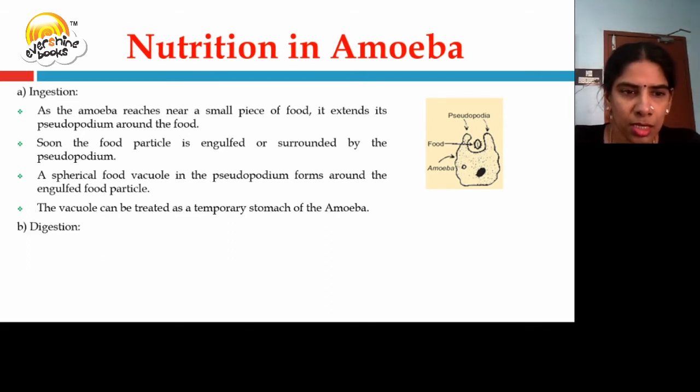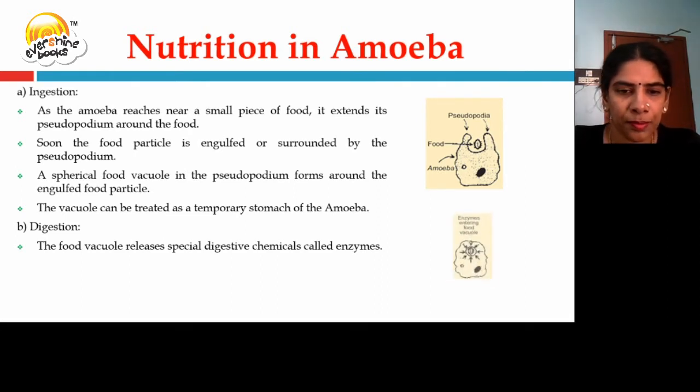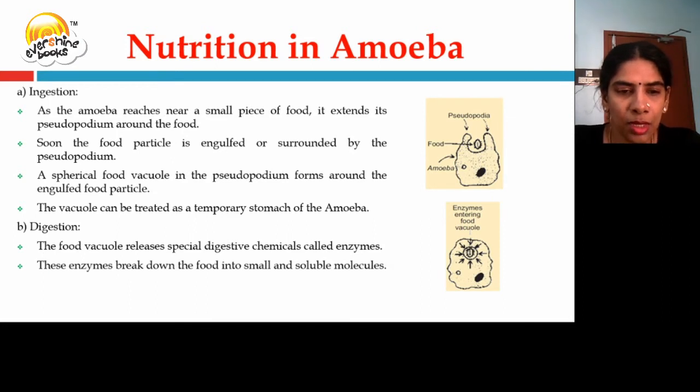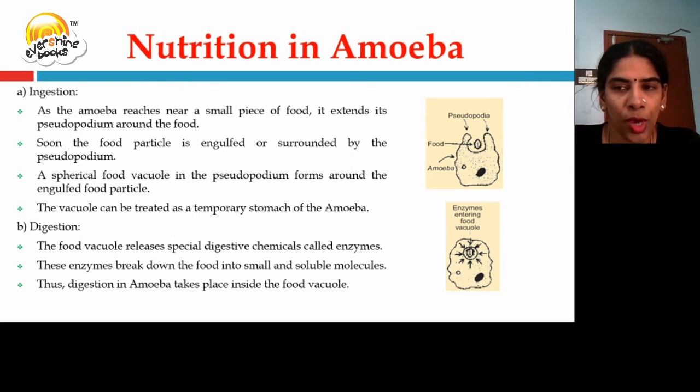Let us next discuss digestion. The food vacuole releases special digestive chemicals called enzymes. These enzymes break down the food into small and soluble molecules. Thus, digestion in amoeba takes place inside the food vacuole.